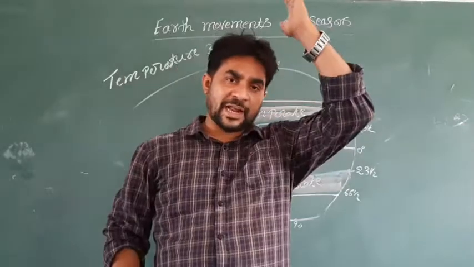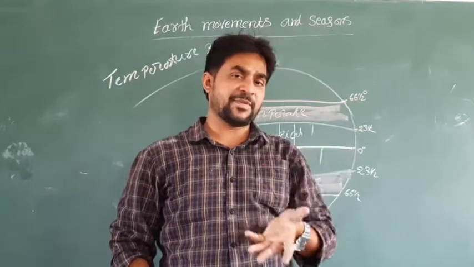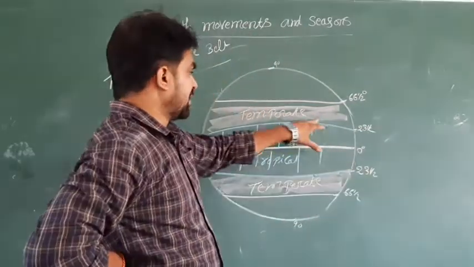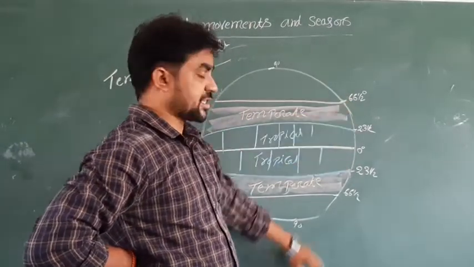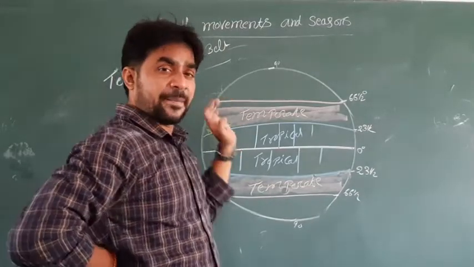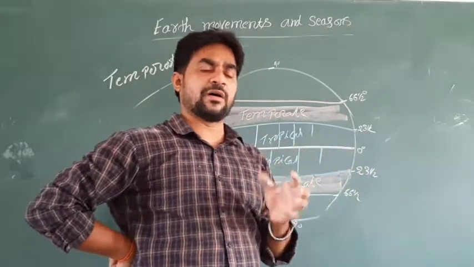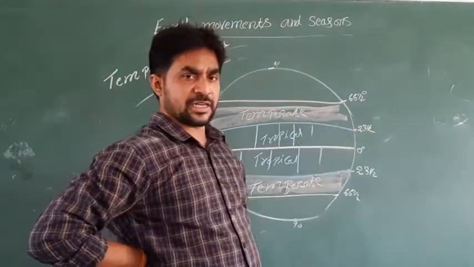It is like how the light falls on your head at midday, at 12 o'clock and 1 o'clock in the daytime in India. And here 23.5 degrees to 66.5 degree north and south is called the temperate zone. There the temperatures are not high and not low. Average temperatures can be found in these areas.